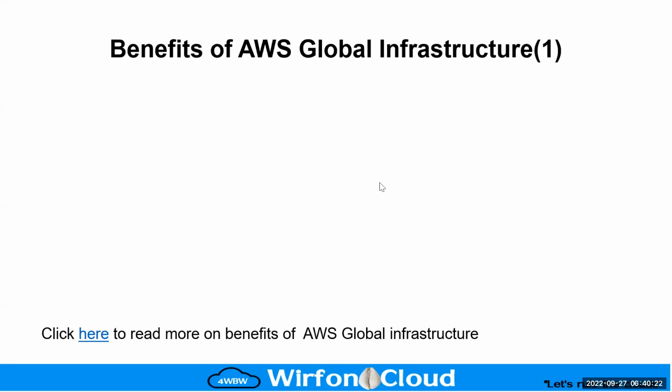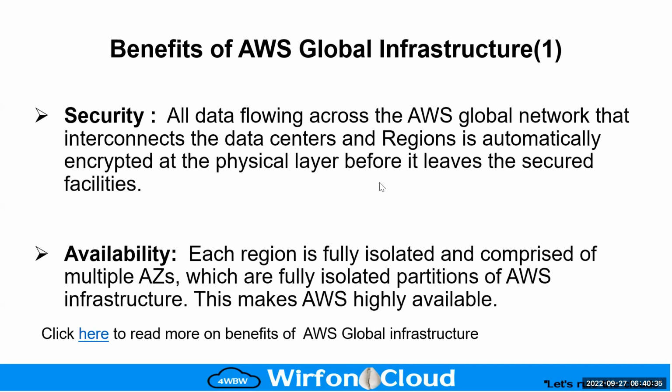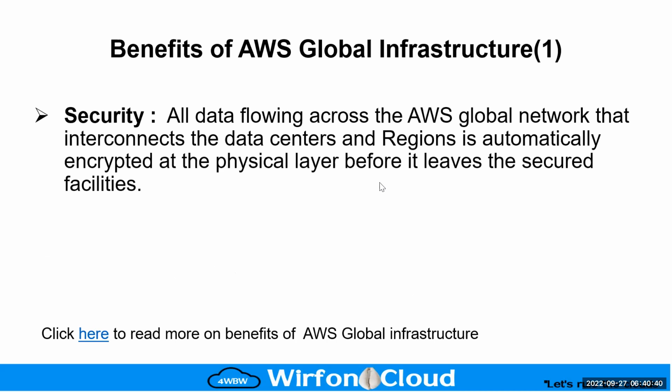Okay, while we're speaking about the global infrastructure, we have looked at the components of the global infrastructure. Now, the next thing is, what is the advantage of AWS global infrastructure? We have the first one on security. All data flowing across the AWS global network that interconnects the data centers and the regions is automatically encrypted at the physical layer before it leaves the secured facilities.